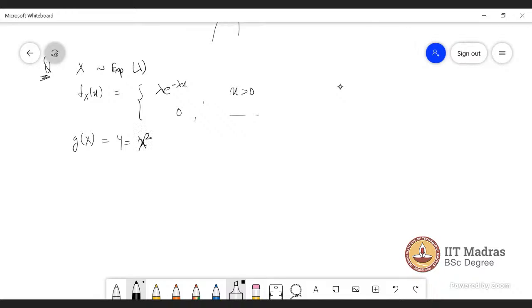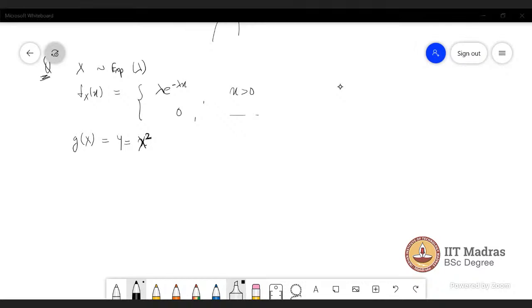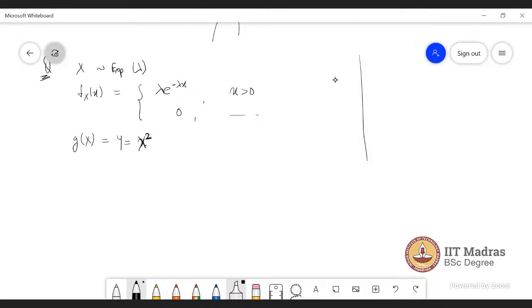So can I use this method for monotonic differentiable functions to find the PDF? Yes, ma'am. No, ma'am, it's not monotonic increasing. But it should be monotonic for the support of x. In this case, only for x greater than 0 you have the non-negative PDF, otherwise it is 0.